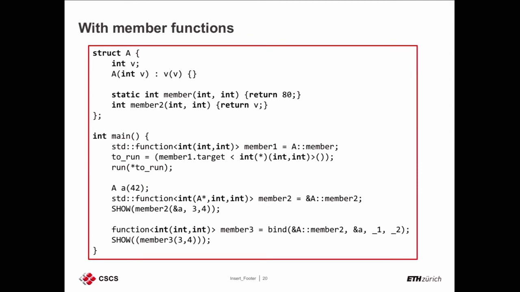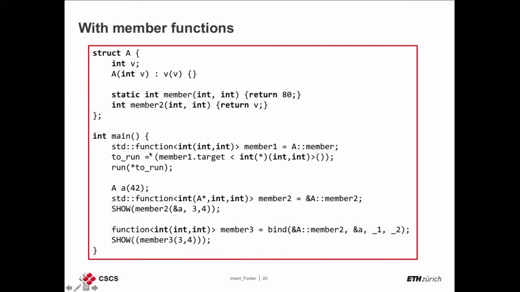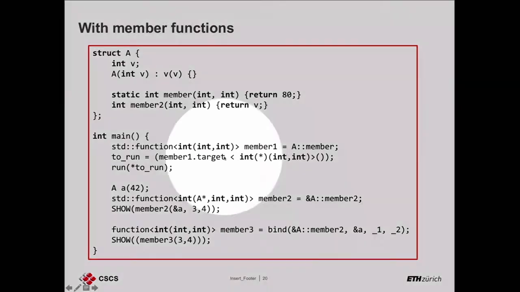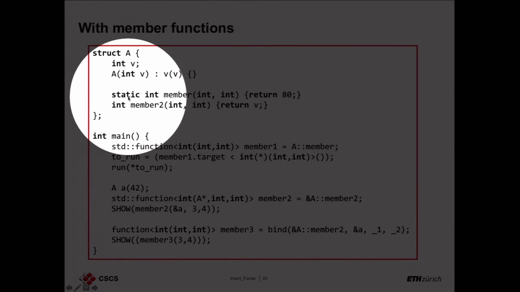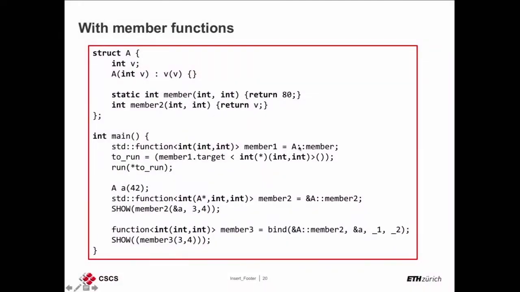With member functions, I like this example because it shows what the member functions really are. So I can take a std::function of a function that takes two integers and returns an integer as a member function of A. A is a class, it has a static int member, and I can say, just take that function. A static member of a class is just a function that does not access the data members of the class.